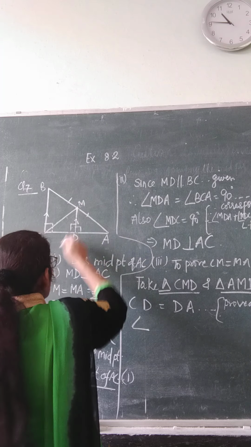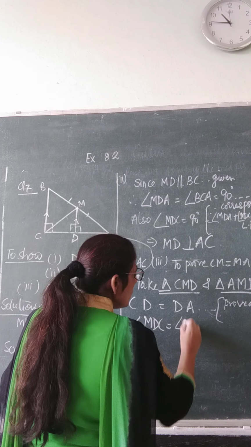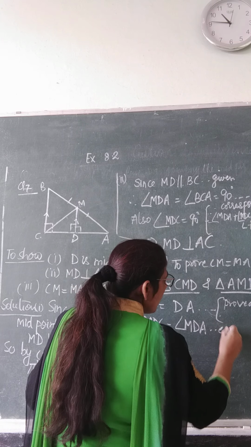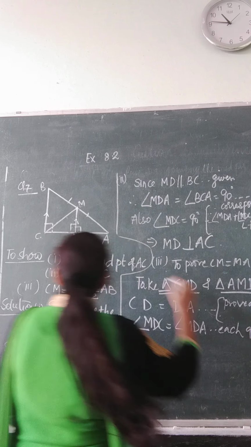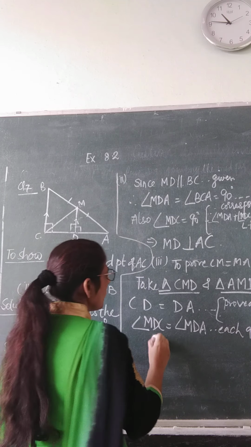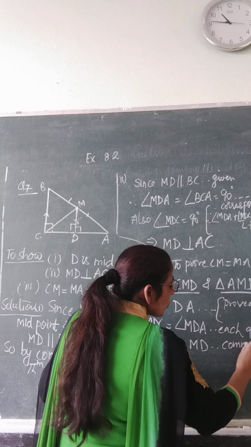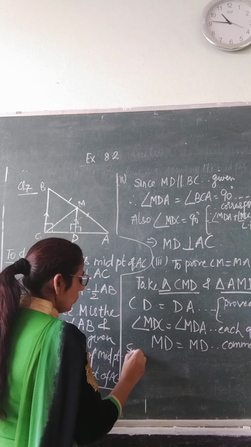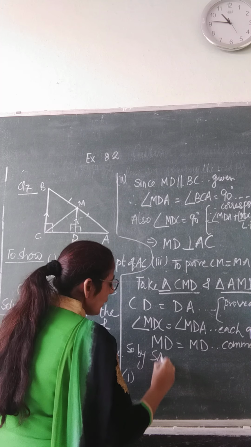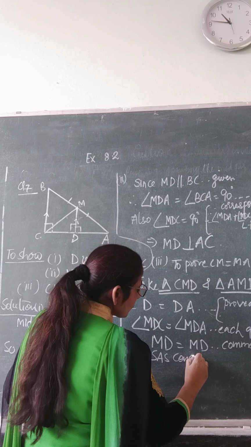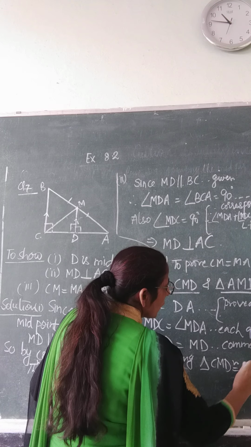Angle MDC is equal to angle MDA. Each angle 90 degree, just proved here. And this side MD is common. So by which congruence? By SAS congruence, triangle CMD is congruent to triangle AMD.